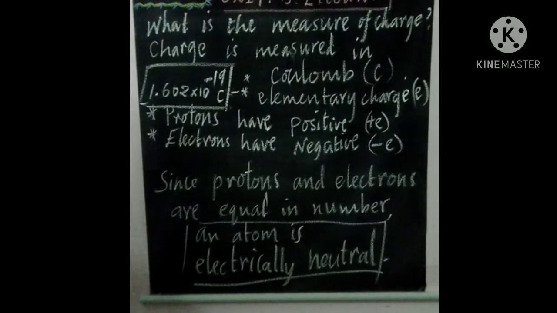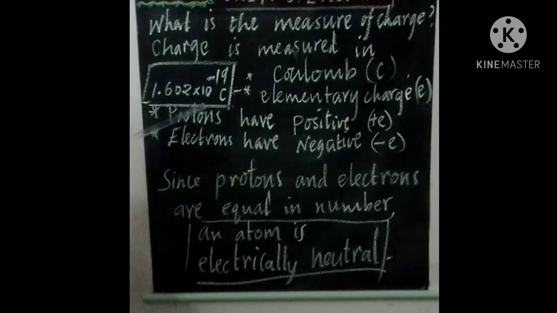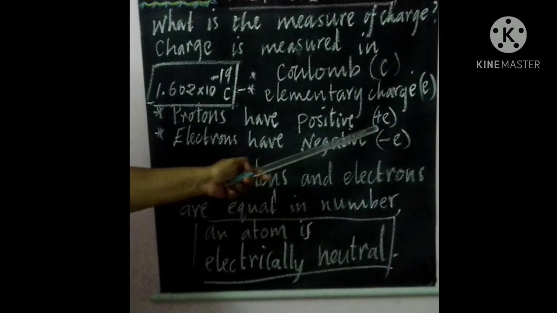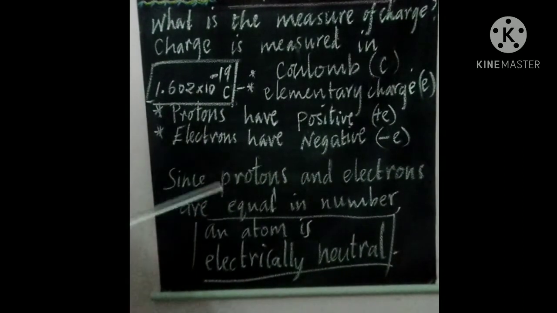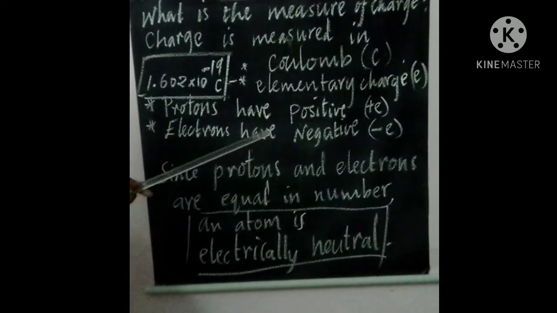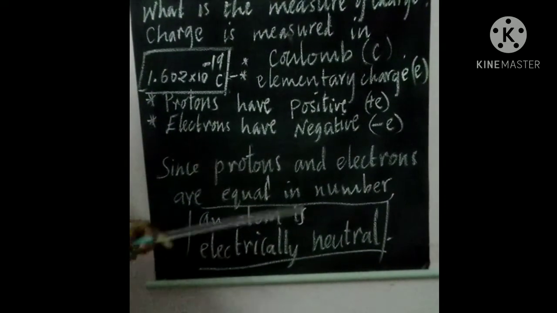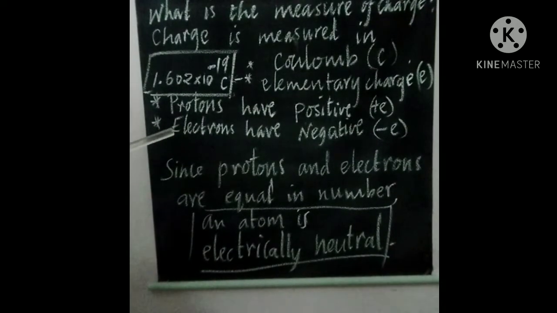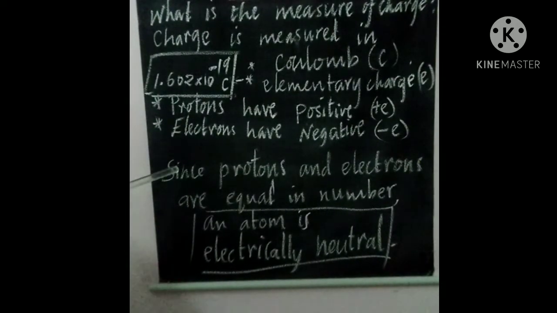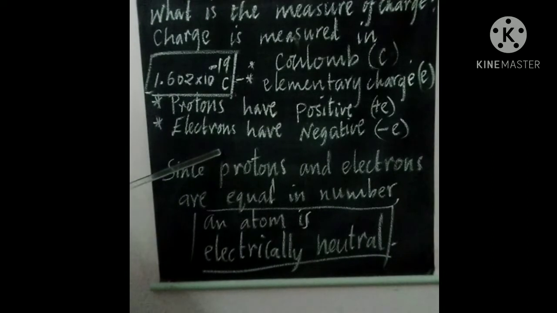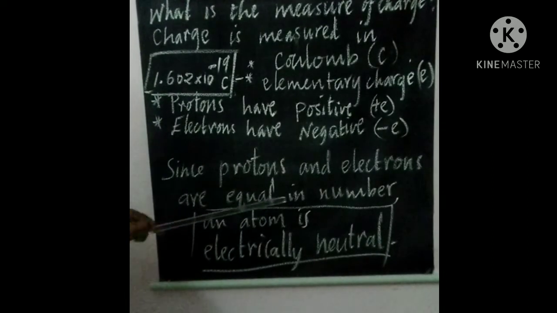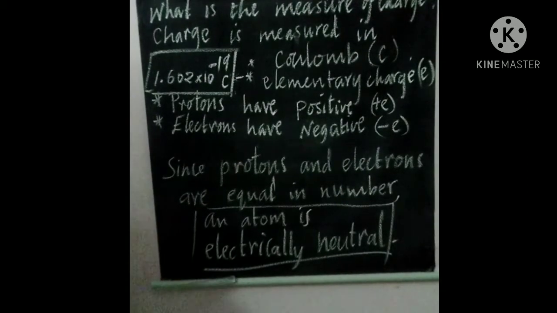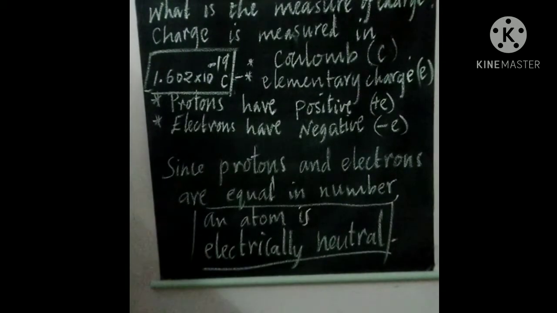How do they exist? Protons have positive elementary charge, plus e. But electrons have negative elementary charge, that is minus e. So, how should be the atom? Since the protons as well as the electrons are equal in number, an atom is electrically neutral.